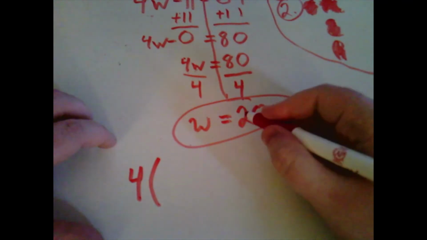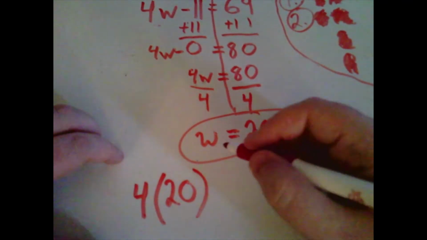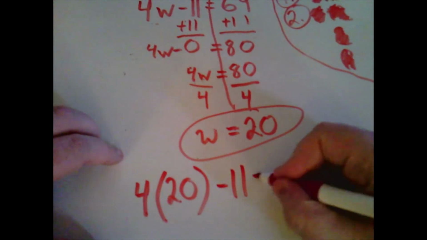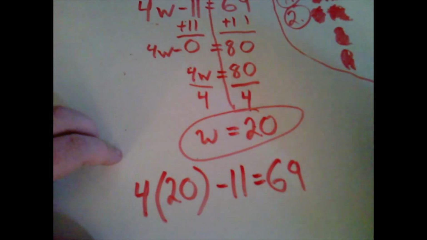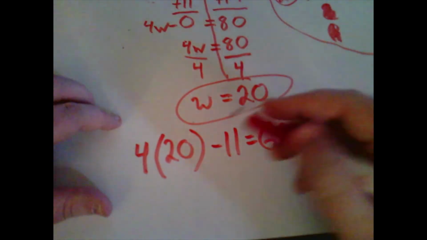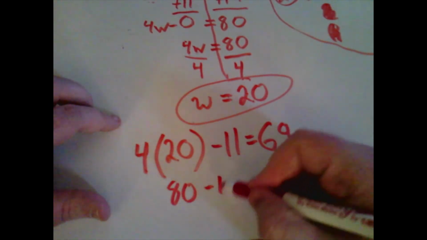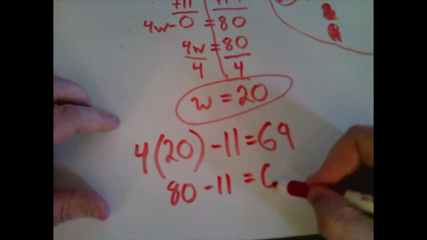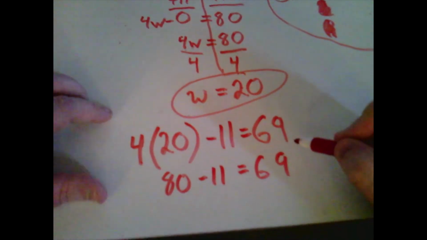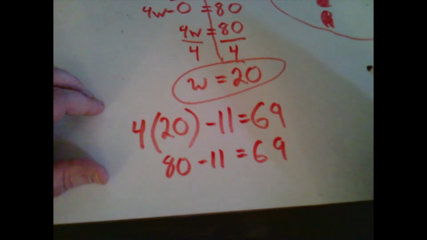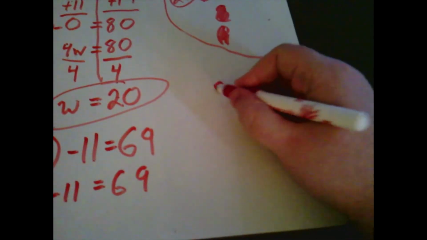4 times 20, replacing this w with this 20, minus 11 equals 69. Let's see if this is true. 4 times 20 is 80. We still have that subtraction of 11 happening. That is equal to 69. 80 minus 11. Well, let's see what that is.